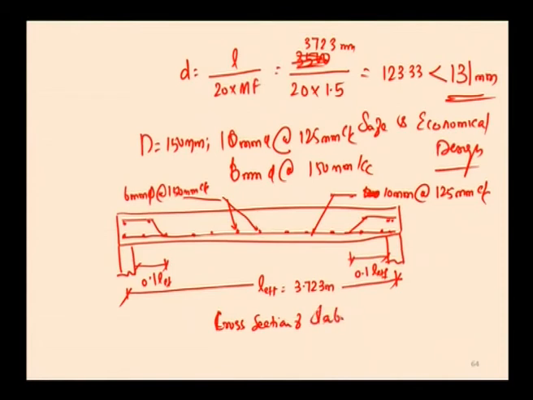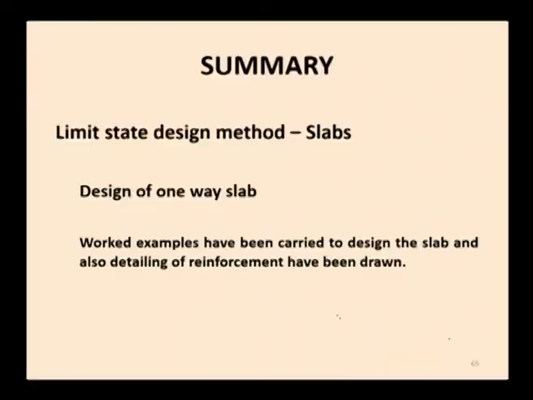Now, we summarize the lecture. So far, we have seen the design of a one-way simply supported slab for a span of 3.5 meter. We have designed the thickness of the slab as well as the reinforcement required for it, and also we have seen the reinforcement detailing of the slab.